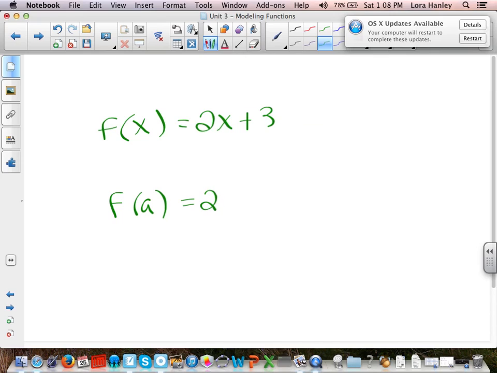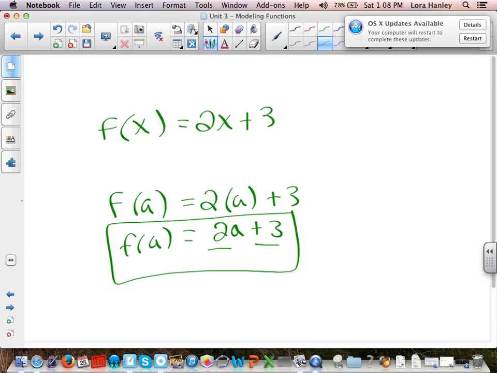So 2 parentheses a plus 3. Using order of operations, we want to try and simplify, but there is no simplifying that can be done. 2 times a is 2a plus 3. 2a and 3 are not like terms, so we can't combine them. So f of a is just equal to 2a plus 3.